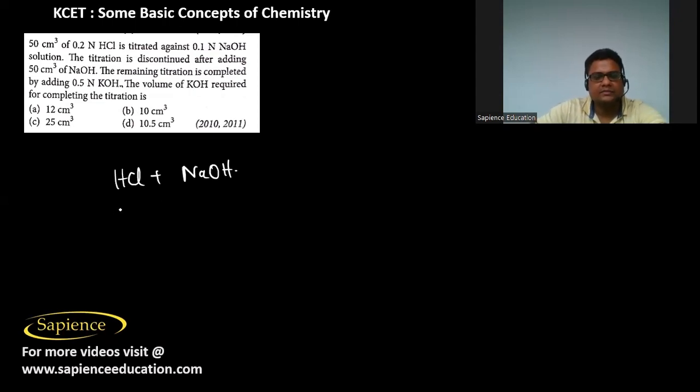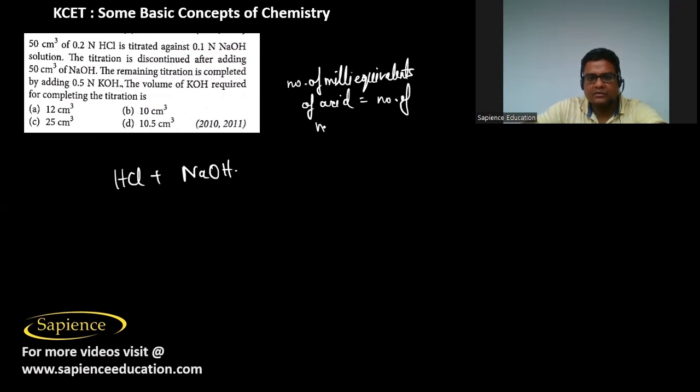Here, the number of millimoles of HCl that is present... We know that when there is complete neutralization, the number of milliequivalents of the acid should be equal to the number of milliequivalents of the base.